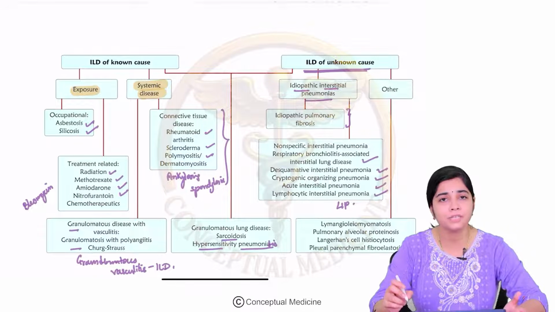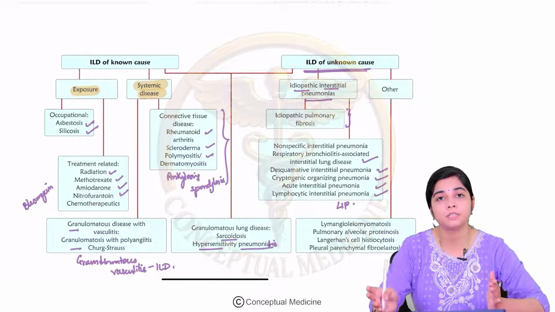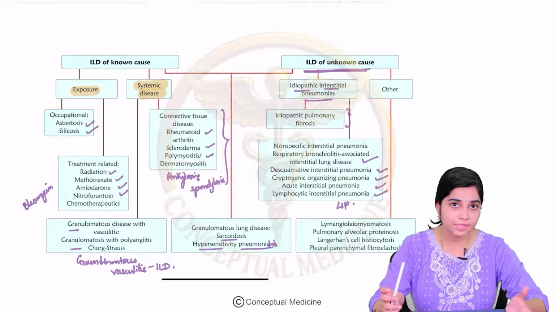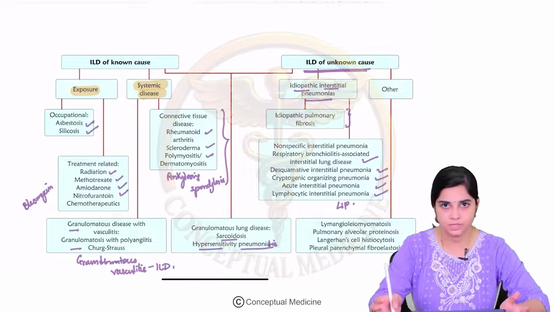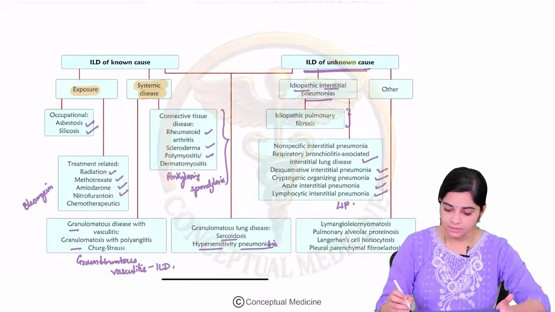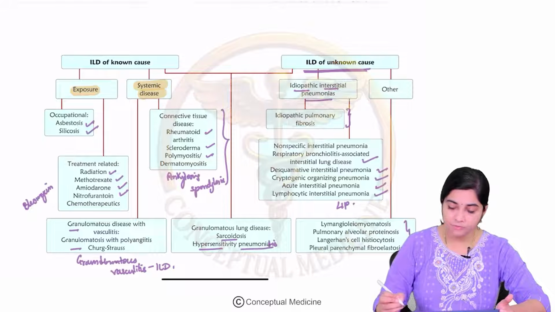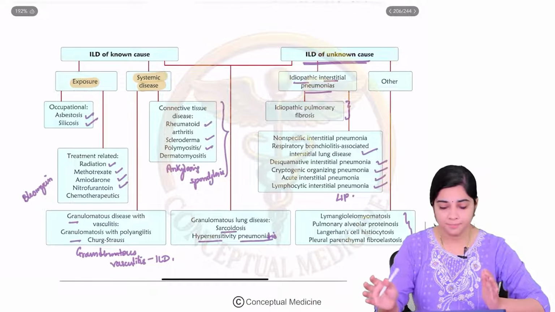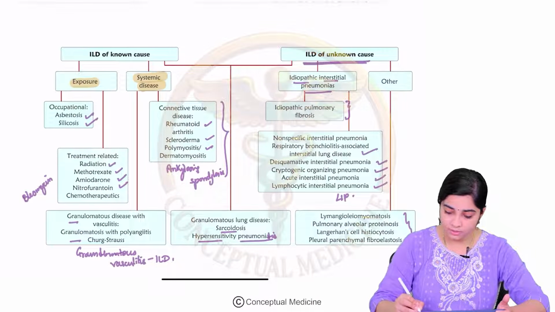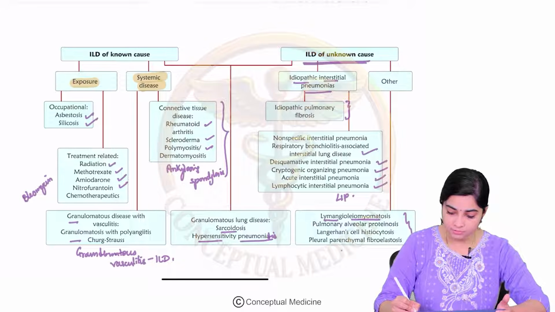So what are these different names? These are names which arise basically because they are different with respect to the CT findings and with respect to the histopathological findings. Okay. Then there are also a group of ILDs which are grouped separately, which includes your lymphangioleiomyomatosis, which is called LAM. Okay.